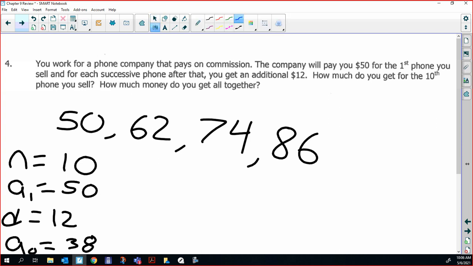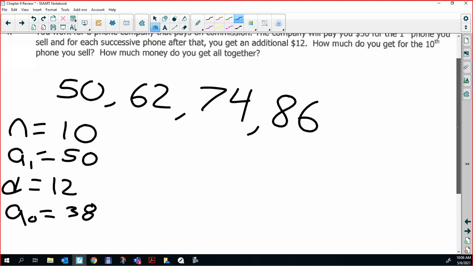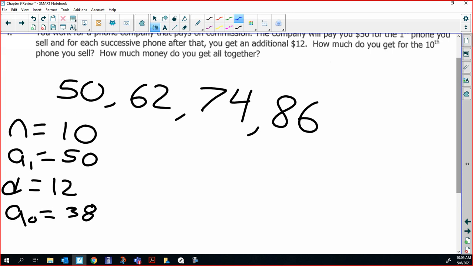Okay, so from here, we're trying to find the value for how much money you earned when you sold your 10th phone, for that singular phone. So that's A sub n equals A1, no, not A1, dn plus A0. Sorry, thinking of geometric.